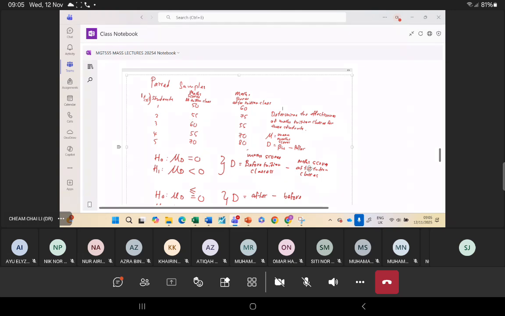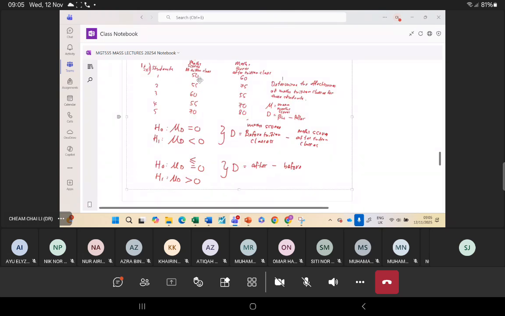You have to use the paired hypothesis test. When you run the analysis, you need to use the paired sample, not the independent sample. When you identify that this is the paired sample, you have to write your hypothesis this way. Cara tulis hypothesis macam ni.